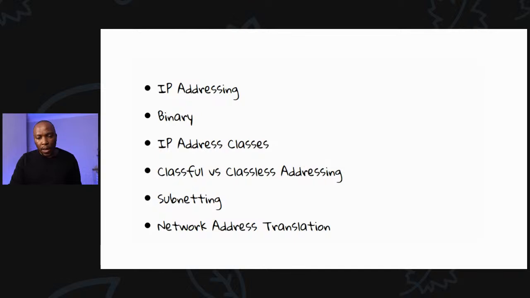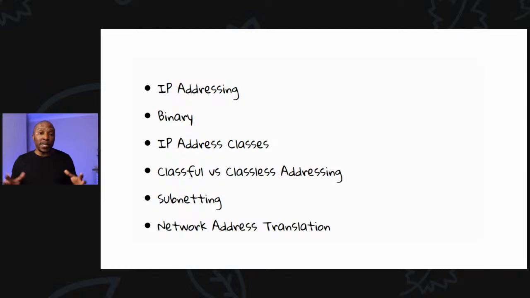We're going to be looking at binary, how to convert an IP address from binary to decimal and decimal to binary, and understanding how the numbering system functions. We are also going to be looking at the different classes of IP address. So class A, B, C, D, and E. We're not going to focus much on D and E, but we're just going to glance over it.